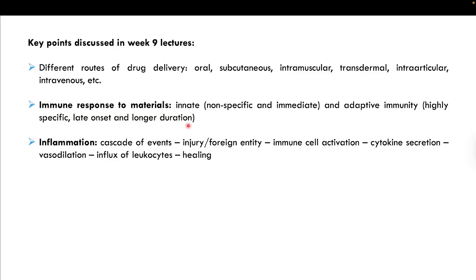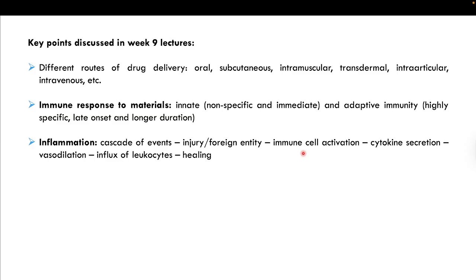So there is an injury in the patient's body, or the body will see this implant as a foreign entity. We have a lot of macrophages and dendritic cells that are surveilling the system. They're just moving around in the vicinity of this implant. They think that this is a foreign material, or they get triggered because of the injury that has happened while implanting this biomaterial.